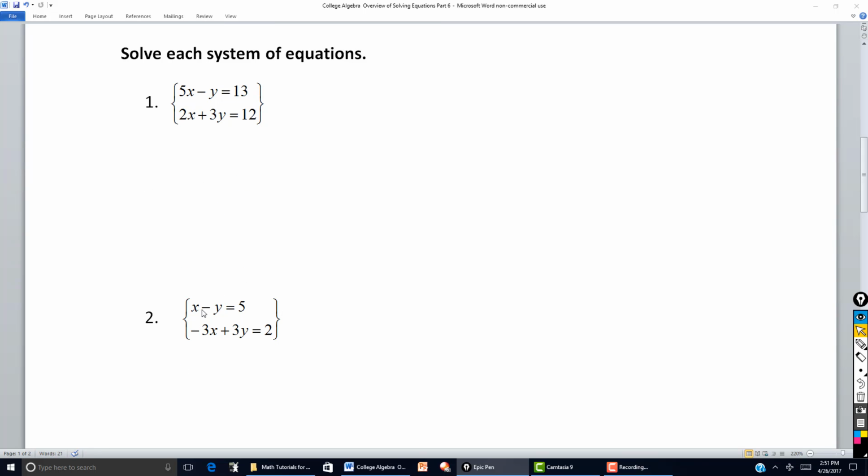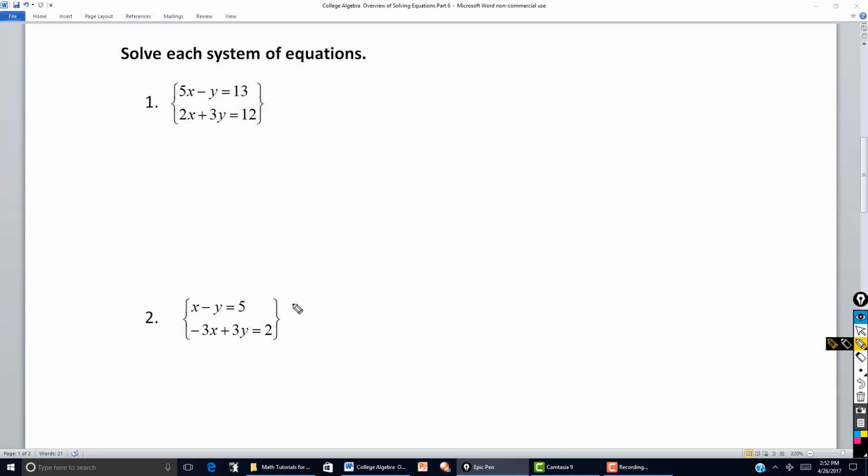Again, keep in mind that they're not always going to be in this particular form. So if you're doing the elimination, you want the variables on one side and the constants on the other side. If you have any fractions, go ahead and multiply through by the LCD, kind of like we did in the first video. Makes it easier to solve the equation if you don't have any fractions. So on this one, again, I'm going to eliminate one variable.